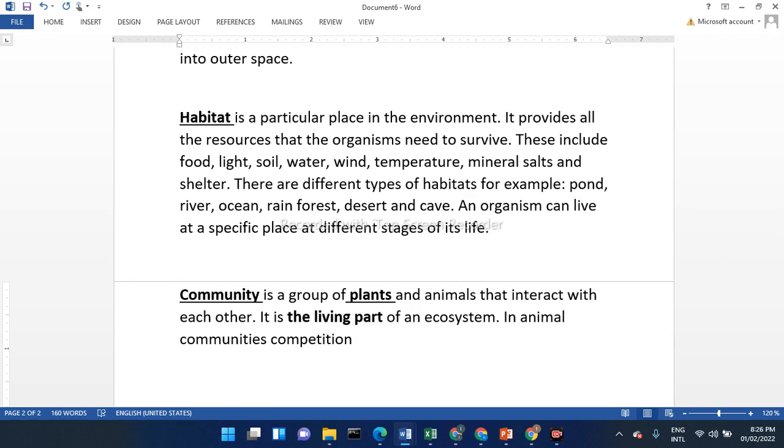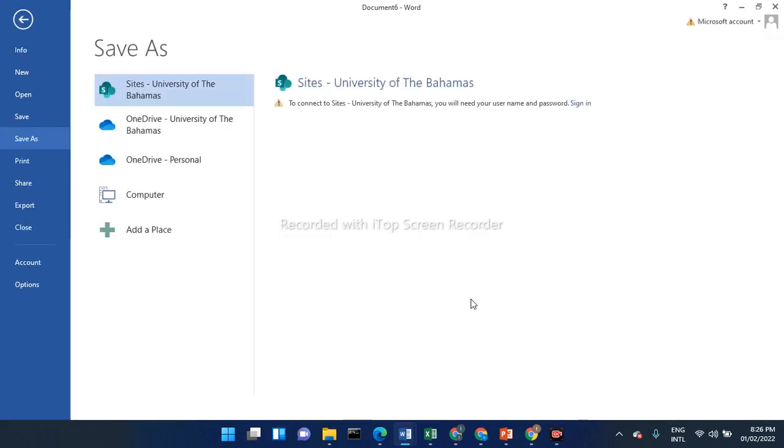So in animal communities, the competition for food, what else do they compete for? Water. Mates. Yes, mates. Who gets the mates? The alpha male. The one who is the strongest, the one who is most daring, right?